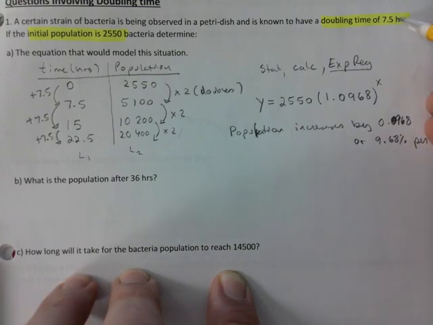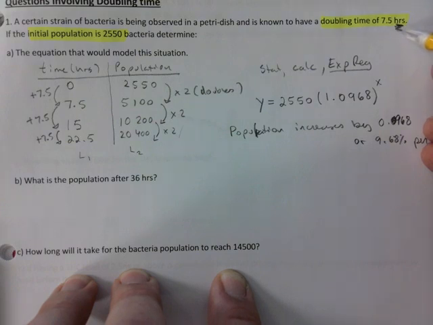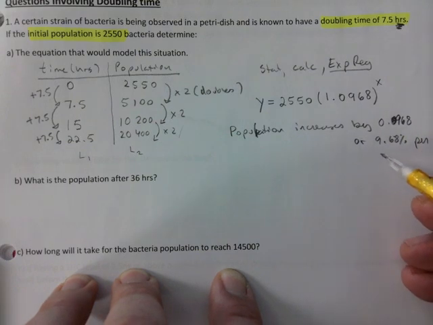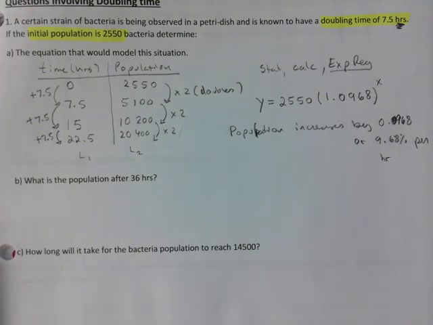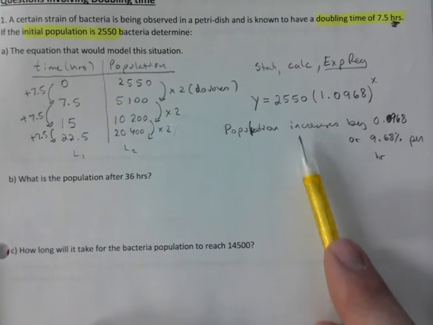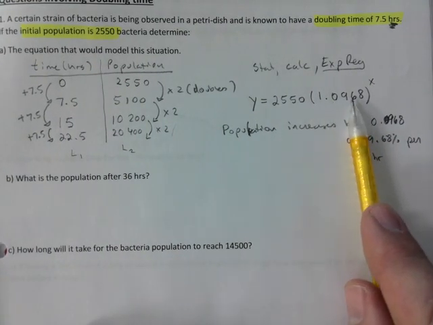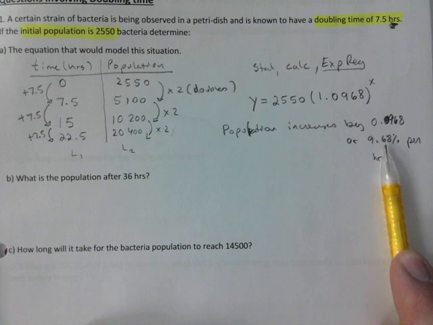This tells you per unit, so per hour. What you just found is per hour. You know that it doubles every 7.5 hours, but what you just found is the rate of increase of 9.68% per hour.